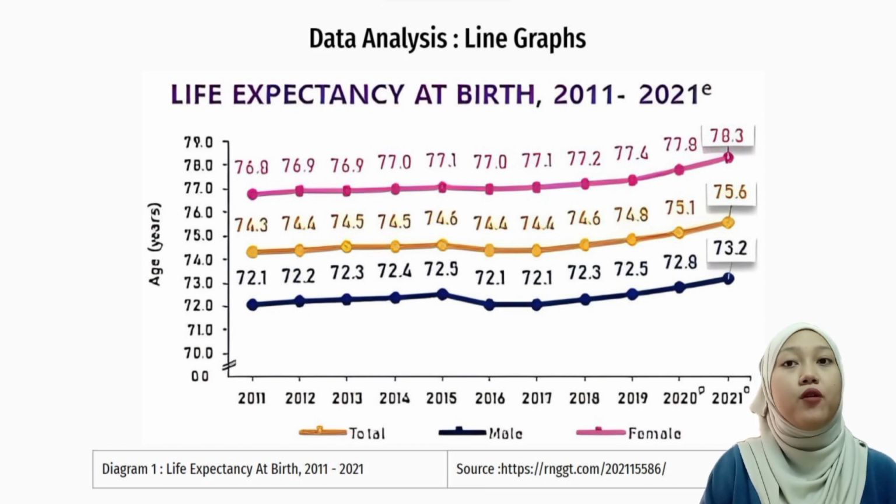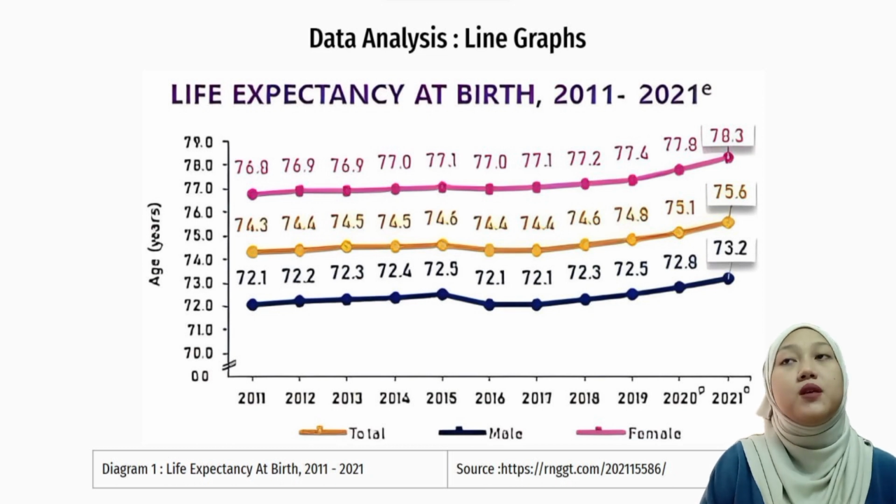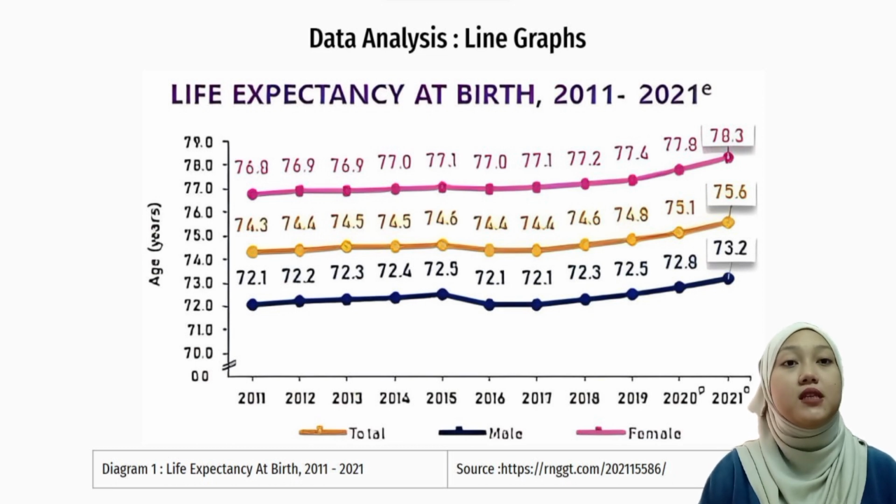The comparison about the line graph is the gap in life expectancy at birth between female babies and male babies is 5.1 years. Second, life expectancy at birth for male babies does not increase as much as for female babies. It can be seen that the life expectancy at birth increasing slowly in 2011 until 2012.